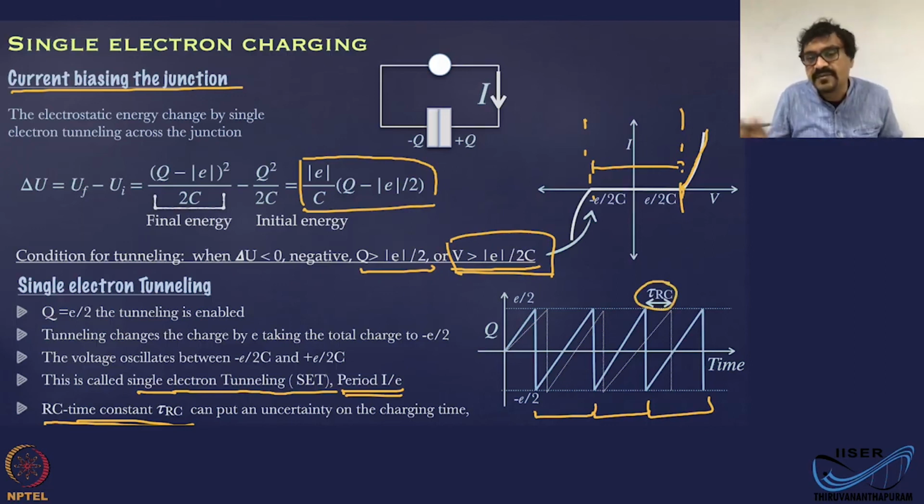There can be a shift in the period of the oscillation because of the charging discharging time. That is going to figure as an uncertain time here. So the period of the single electron tunneling oscillation is accurate only within the charging discharging time. That's the message here. All right.